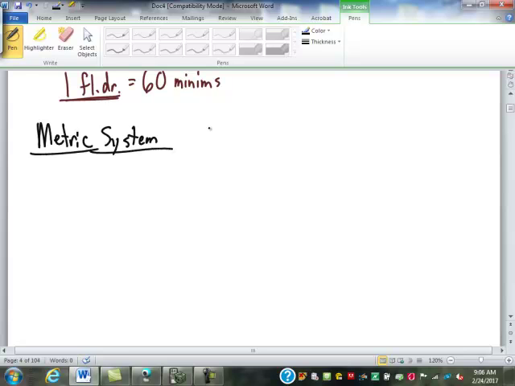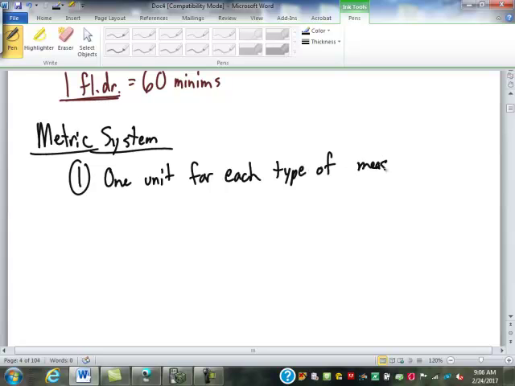some of the issues they addressed, the first one is only one unit for each type of measuring. What does that mean? Well, in the standard measuring system for measuring length, we had inches, feet, yards, rods, miles.